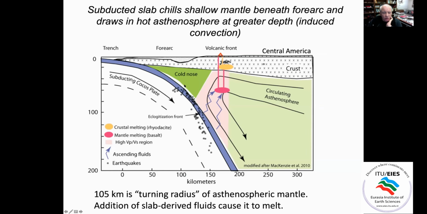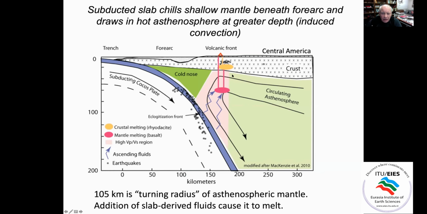This is the cold nose. It's mantle material that can't be replenished because of the circulating asthenosphere. So there's plenty of fluids coming up here, but they have no effect in melting, cause serpentinization in here.